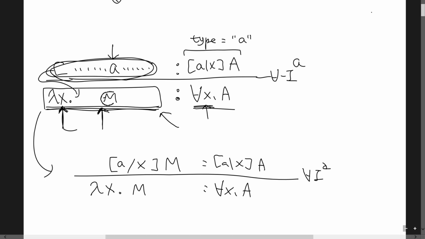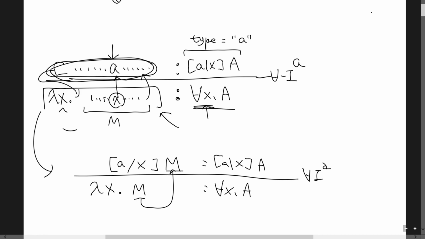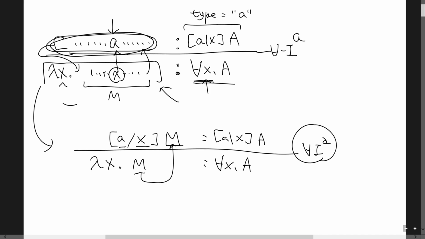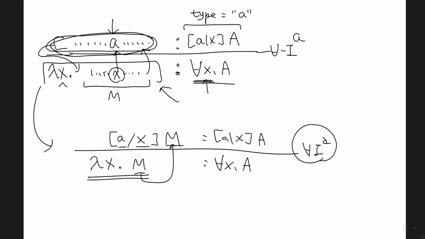So this M contains somewhere this term variable x, and we made a copy of it and then replaced x by a. That's all. So this is the for all introduction rule, and we decided to use almost the same syntax, which is lambda abstraction, to represent the proof of this type.